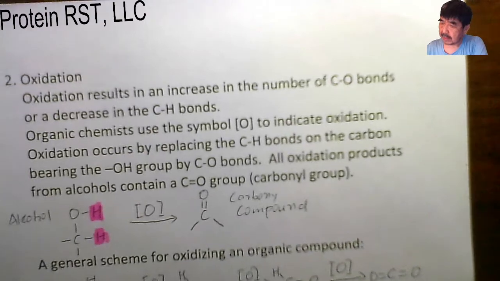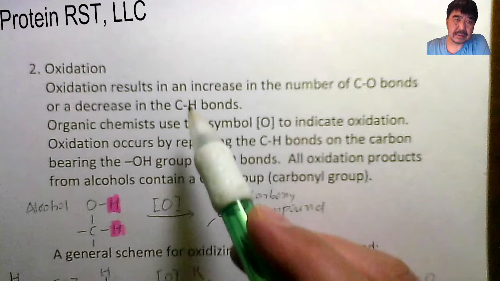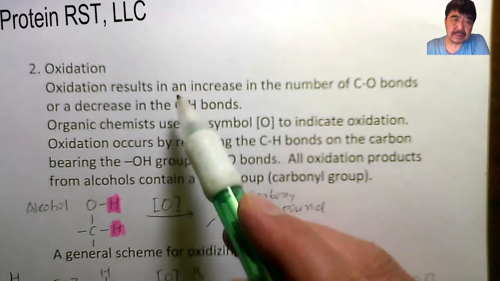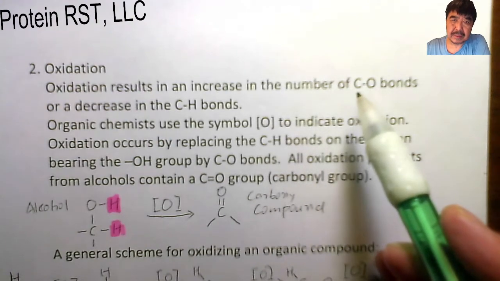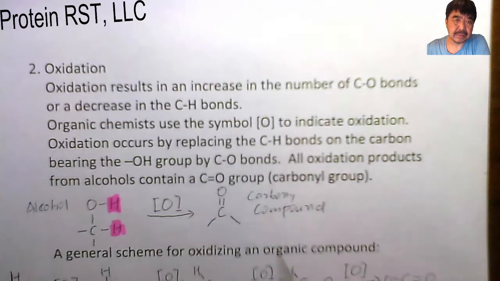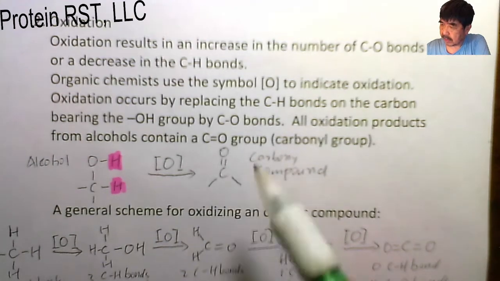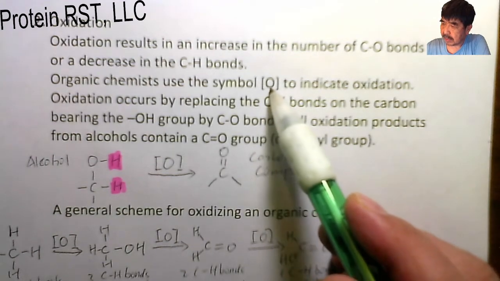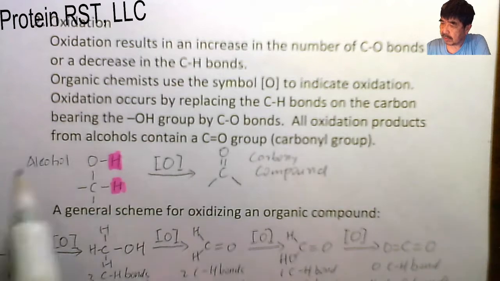Lastly, let's take a look at the oxidation of alcohols. Oxidation results in an increase in the number of C-O bonds or a decrease in the number of C-H bonds. Organic chemists use this symbol, the O in brackets, to indicate oxidation.